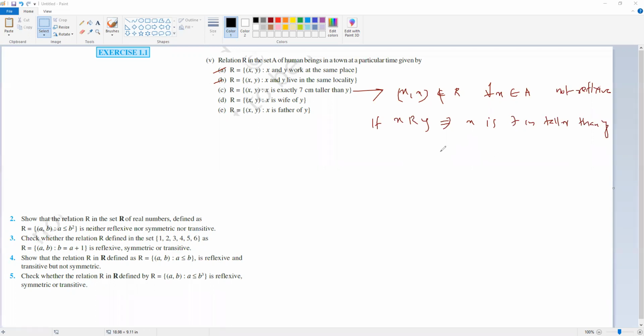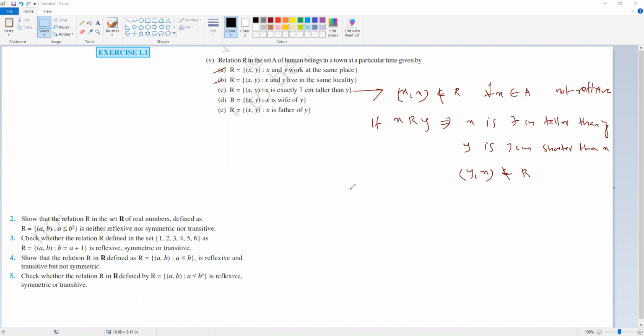So then y comma x आएंगे क्या? इसका मतलब No. y is 7 centimeter shorter than x, not taller than x, isn't it? So y comma x कभी नहीं आएगा, so it is not symmetric.